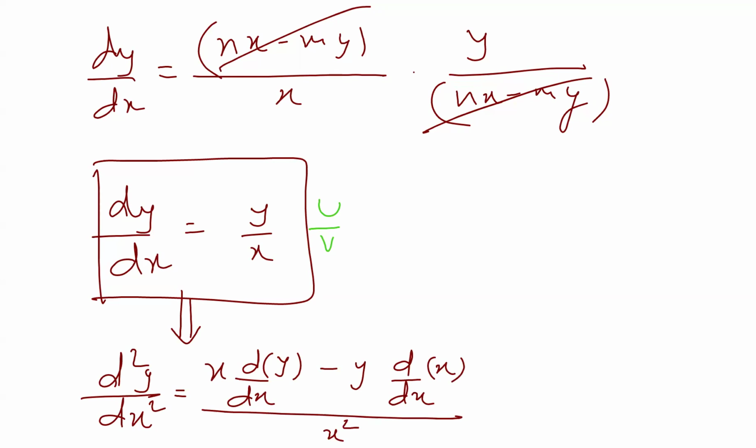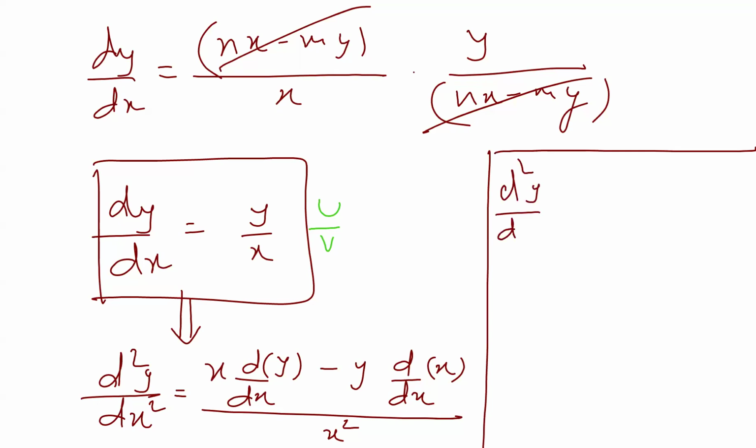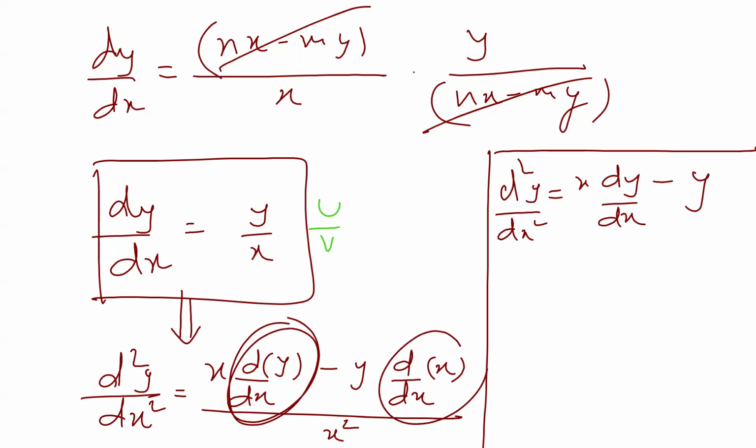So d square y upon dx square equal to x dy by dx minus y, because this is 1 upon x square.